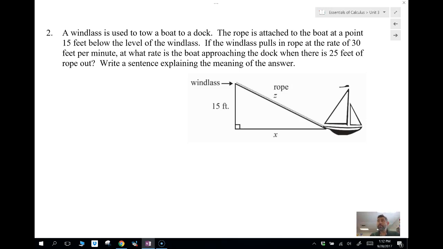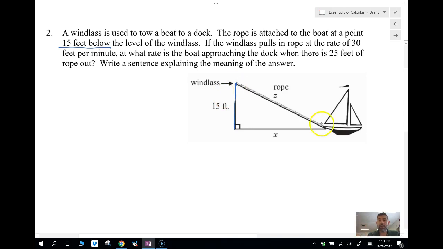Okay, let's do this now. A windlass is used to tow a boat to a dock. So that's the windlass right there. I've already created the picture, and I've already put in what my constant value is, which is 15, because the problem says it's 15 feet below. So when I draw this right triangle, I know that that 15 is going to stay constant.